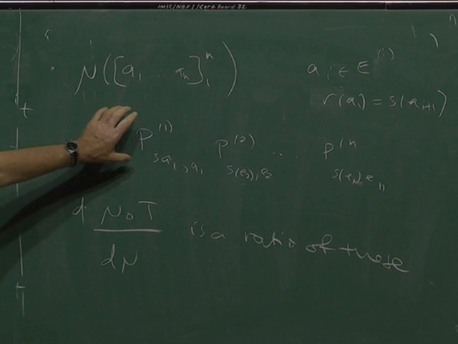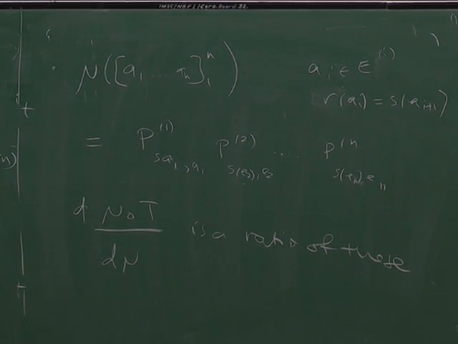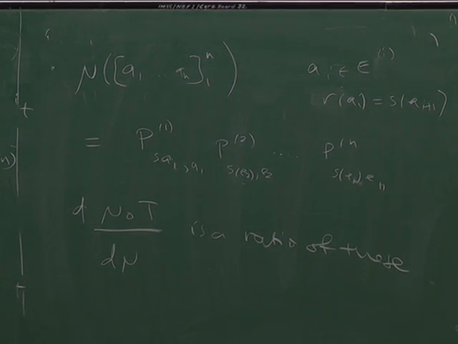So it's a ratio of some of these P's divided by other of those P's, just like I wrote down for the Rees products before.